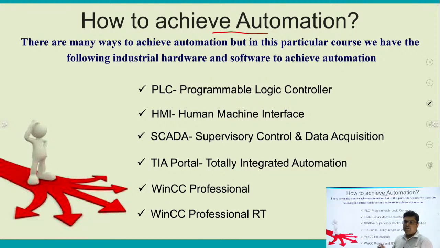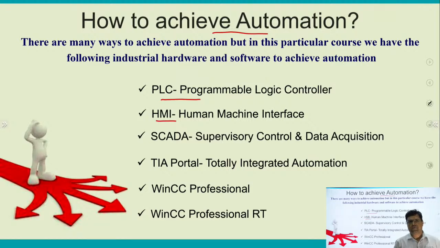There are various kinds of software and hardware, some of which are listed here. One of them is PLC, which I will cover later in this lecture, known as Programmable Logic Controller. This is a mixture of software and hardware unit through which we can do automation. Many industries use it. Another hardware item is the HMI.